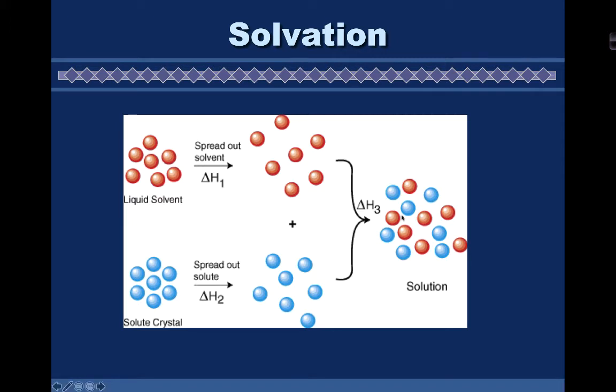The last part is when the solute and the solvent come together. Well, when you put things together that are attracted, that releases energy. So the overall process to create a solution could either be endothermic or exothermic. It really depends on how much energy it took to separate the solute and the solvent, and then how much energy was released when you put those things together.